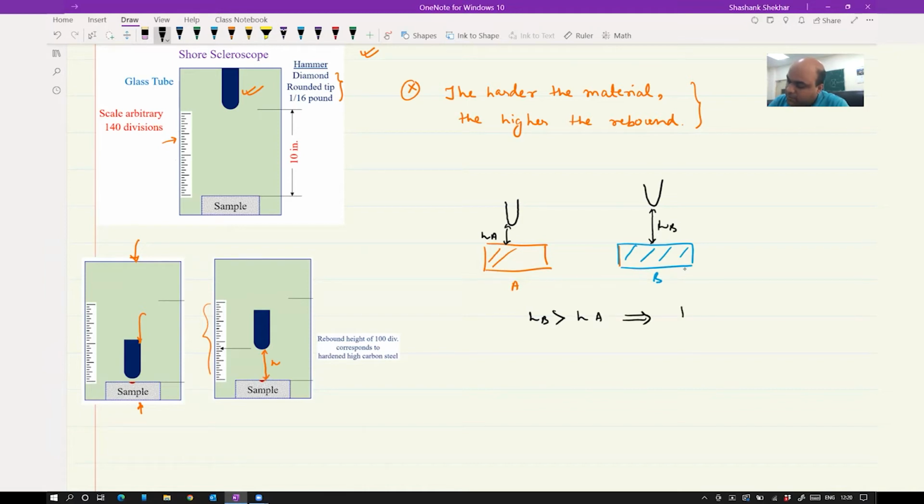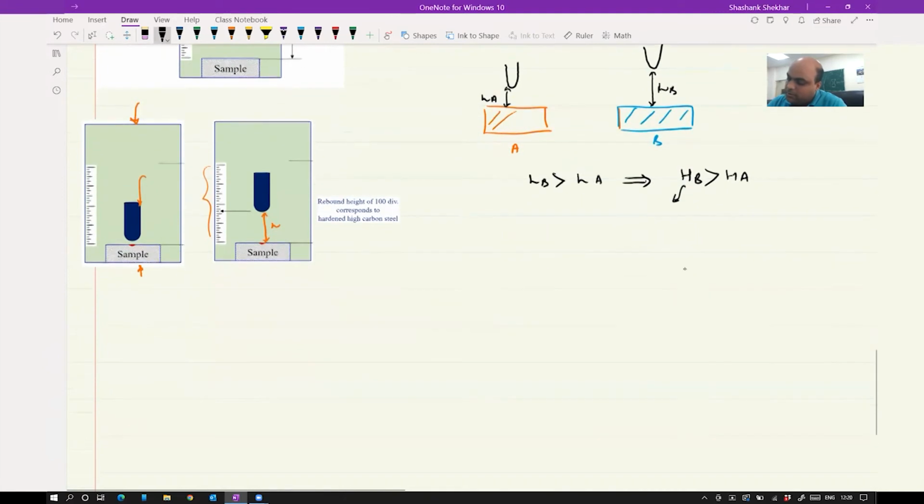This means capital HB is greater than capital HA, where capital H is your hardness or rebound hardness, and the small h is your rebound height.